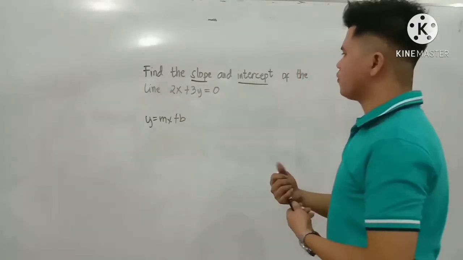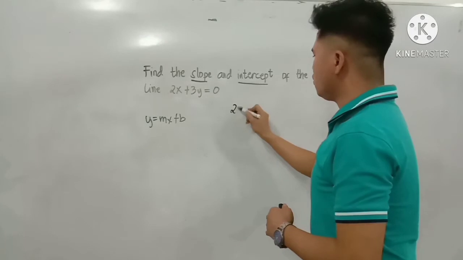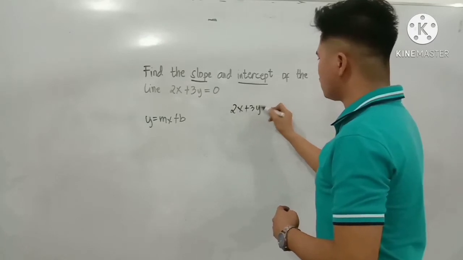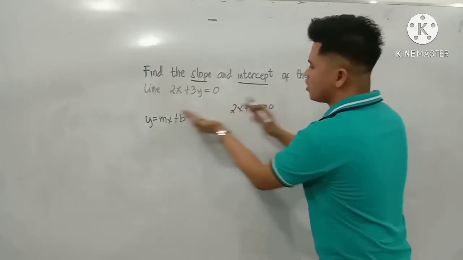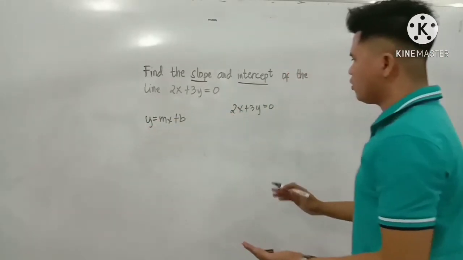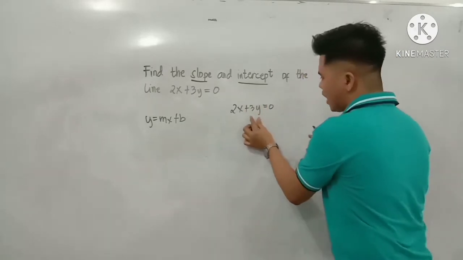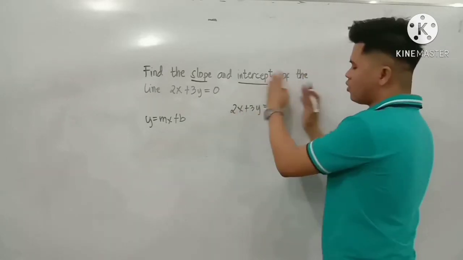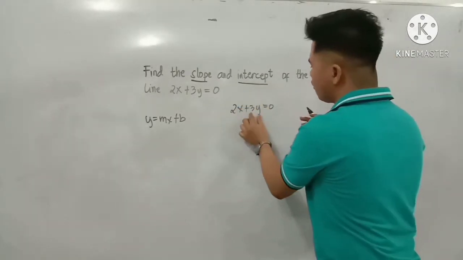So now, we simply copy the given equation, 2x + 3y = 0. Again, our target is to rewrite this equation into this form. That means the y must be on the left side and the other terms must be on the other side. We have here our 3y.